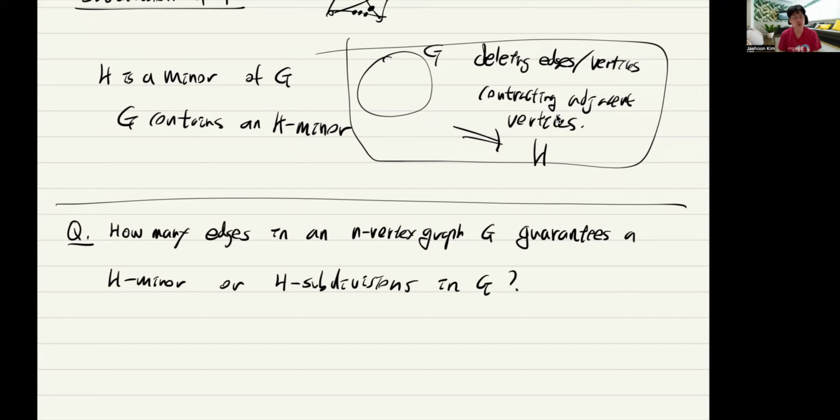It's the same as the question for the extremal number, but instead of finding a subgraph, you now want to find the H minor or H subdivision. So you don't have to find H as a subgraph of G, but you want to find some other graph as a subgraph of G, and those other graphs are H minors or H subdivisions.